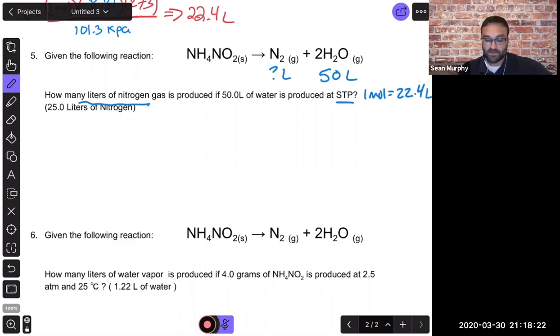Now, how do we get to 25 liters? Well, what we're going to do is we're going to always start with our given, okay? And here's our given, and we're going to go to our find. That's what we need to go.